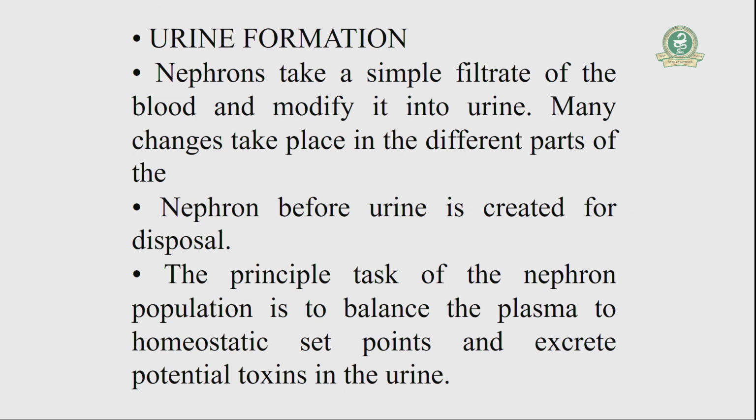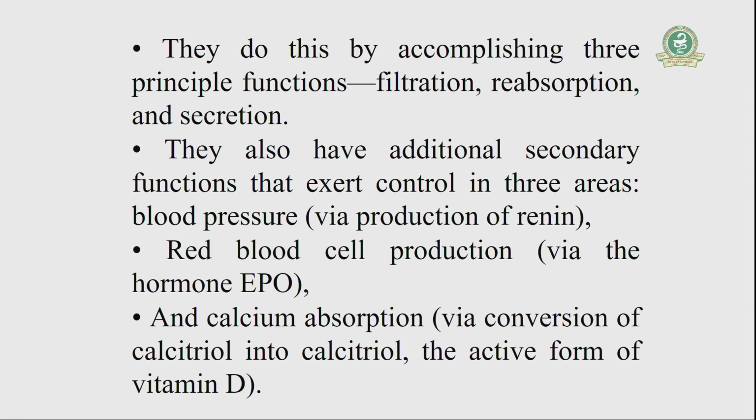The principal task of the nephron population is to balance the plasma to homeostatic set points and excrete potential toxins in the urine. They do this by accomplishing 3 principal functions: filtration, reabsorption, and secretion.